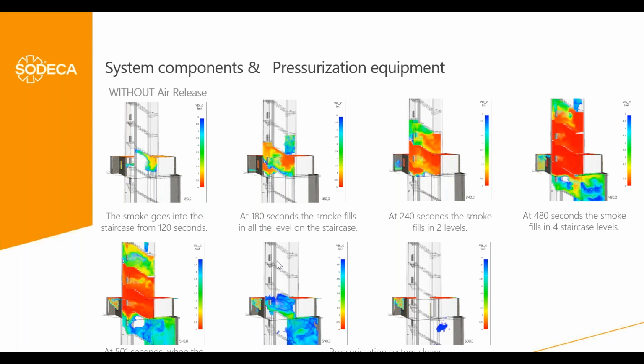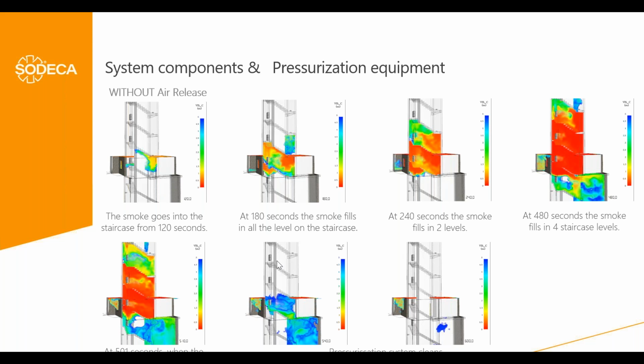We see that after 120 seconds, even with the door closed, it starts to leak some smoke into the staircase at 180 seconds. The level where the fire is, is full of smoke. Then at 240 seconds, we have 2 levels, etc.